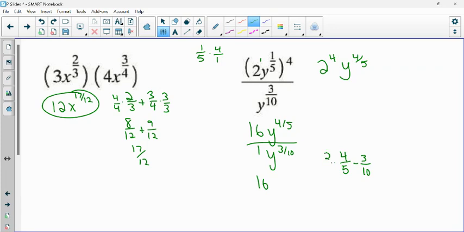I don't have to touch my second fraction. So that would be 5/10. 5/10 reduces to 1/2. So this would be 16y to the 1/2 power. Questions on that at all?